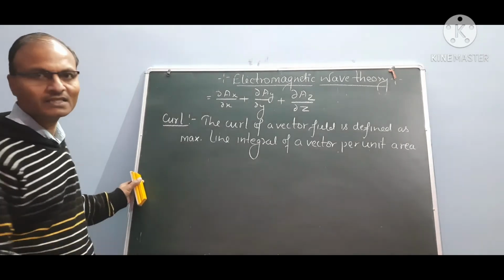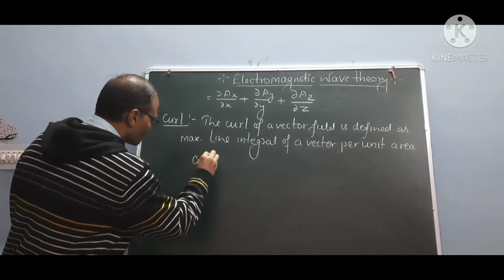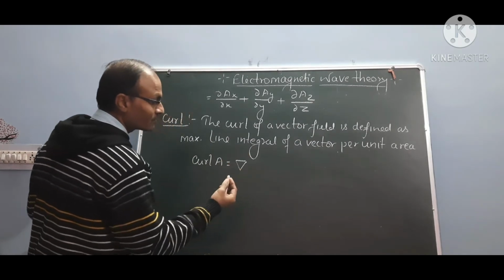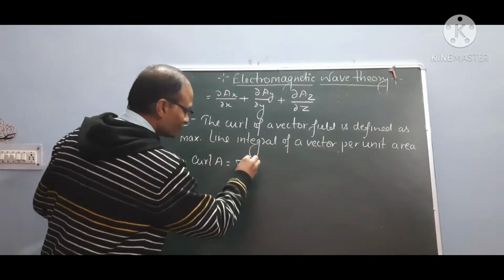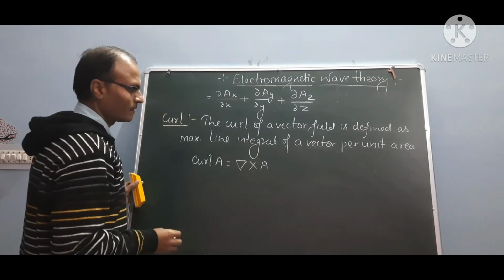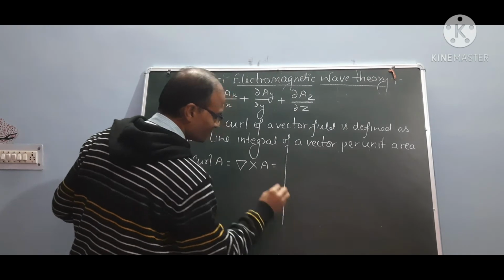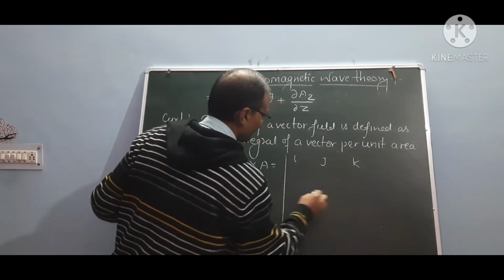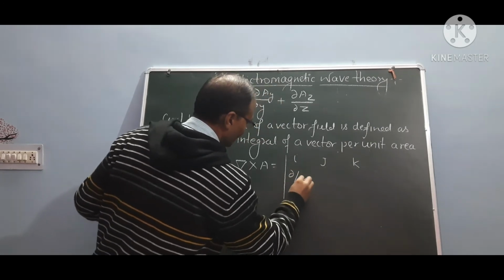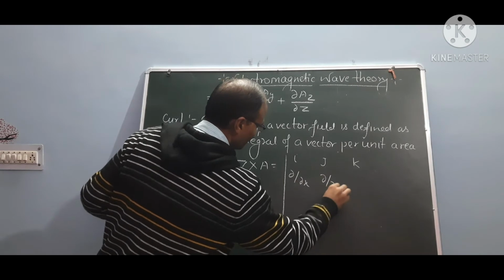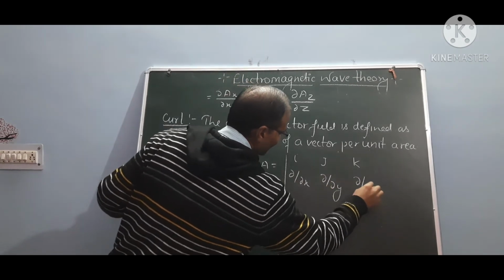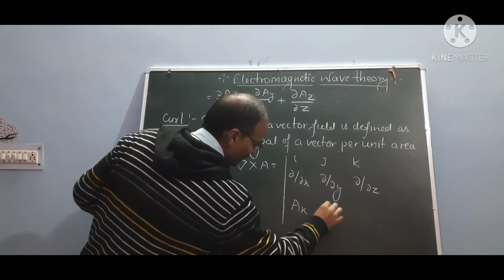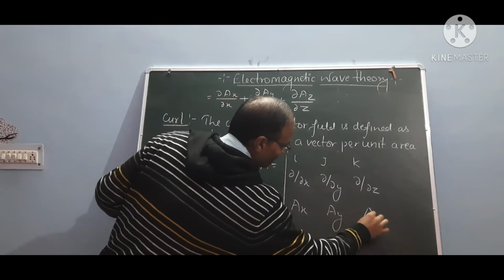Now the function curl A equals del cross A, the cross product is represented by the vector. In matrix determinant form: i, j and k; del over del x, del over del y and del over del z; and Ax, Ay and Az.